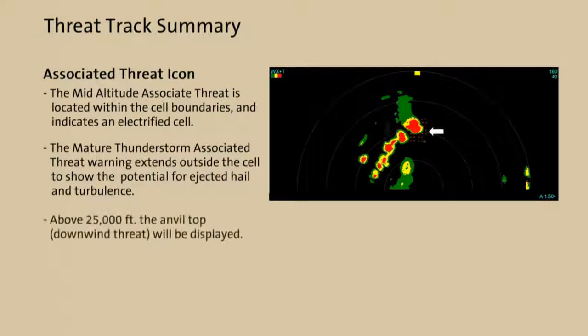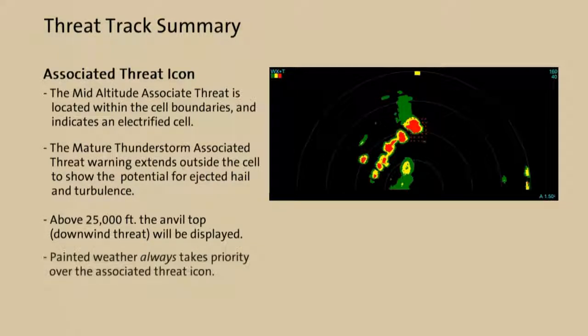And finally, above 25,000 feet, upper-level winds are used to predict the anvil top. So this icon will turn and align with the wind direction and extend downwind based on the wind velocity. It is important to remember that MultiScan Threat Track's associated threat is an inferred threat. Therefore, painted weather should always take priority for avoidance decision-making.